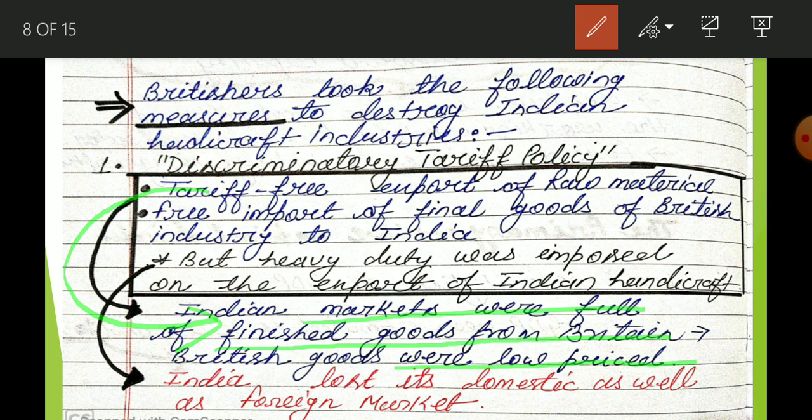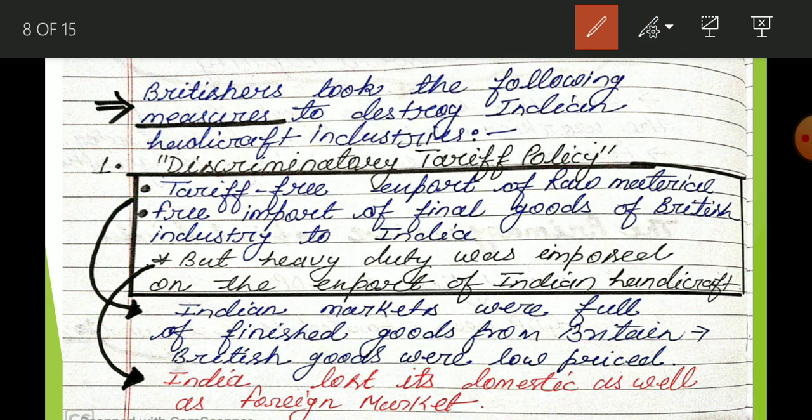Okay, on the other hand, what was the result of heavy duty on industrial handicrafts? India lost its domestic market as well as foreign market. So I am going to explain it with a very simple example.